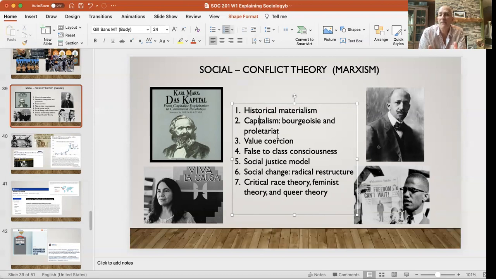There's this issue of false consciousness, that the general public becomes falsely aware of their social and class position, and their beliefs start to get aligned with the ideas of the ruling class.